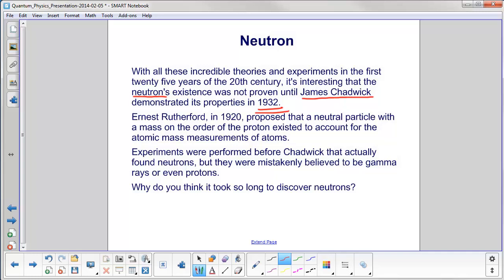Experiments were performed before Chadwick, but they mistakenly believed that the neutrons that they saw were really gamma rays or even protons. So they saw them, they just didn't know they were neutrons. Why do you think it took so long to discover neutrons?